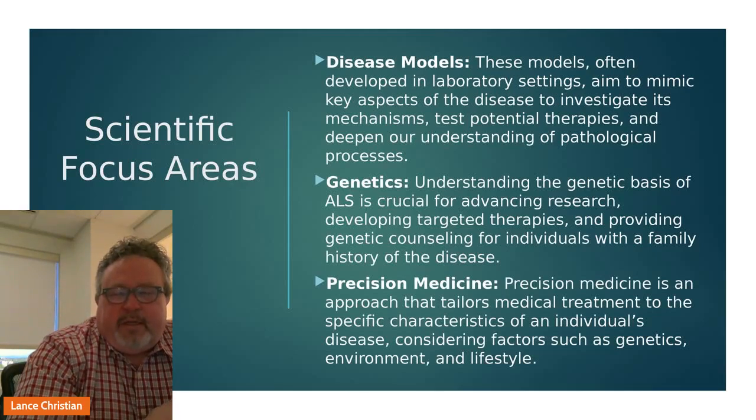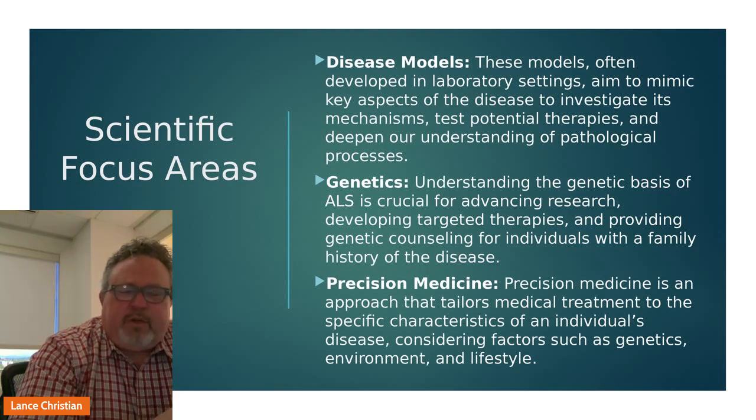So that really points to the idea that ALS is not a singular thing, that there probably isn't a single treatment that's going to be effective for ALS, but it may be that there are multiple therapies that could make a difference, and trying to match those unique individual therapies to the characteristics of the person and the type of ALS they have.